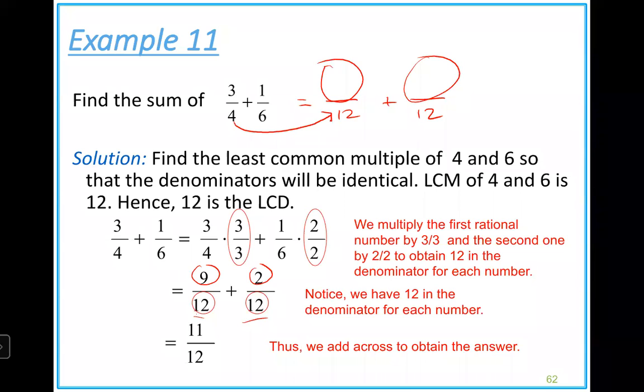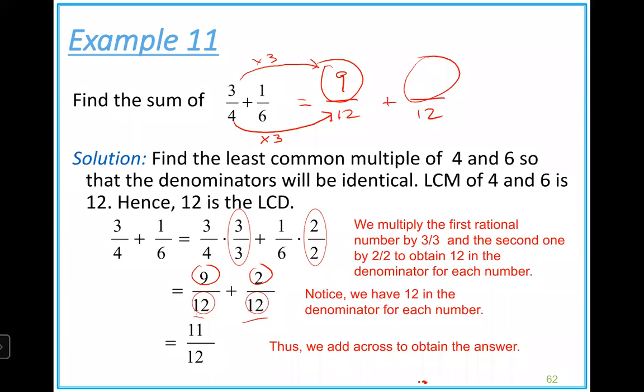You change the denominator from 4 to 12. So basically, what are you doing with that denominator? You multiply it by what? What times 4 gives you 12? 3 times 4 is 12. So you have to do the same thing up here, times 3. Okay, so 3 3s are 9.